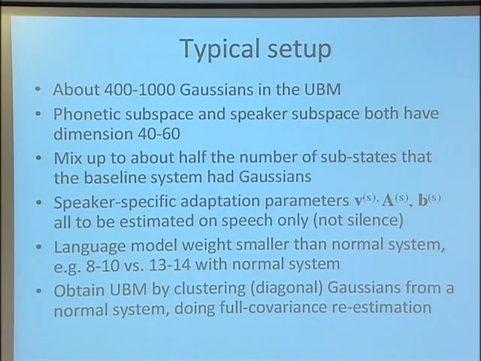And we had an issue on our setup that none of the adaptation stuff, even constrained MLLR, seemed to work when you estimated the speaker adaptation parameters on silence as well as speech. And that was true even of the standard approach, CMLLR. So I actually have a slide about this next, so I'm not going to belabor this point. One interesting feature of the tuning is that the language model weight always wants to be smaller than it would normally be.